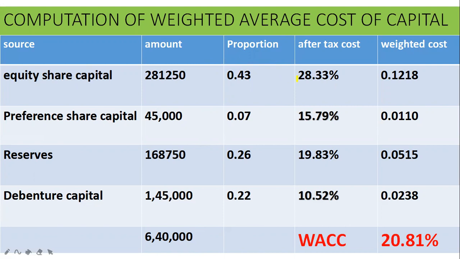This proportion is to be multiplied with the after tax cost. This we have calculated earlier in the previous slide itself. So the proportion and the after tax cost are to be multiplied. So 0.43 into 28.33%, you will arrive at a figure 0.128.